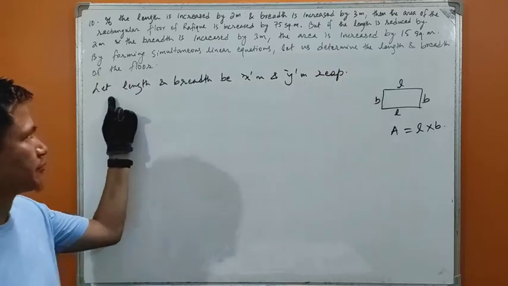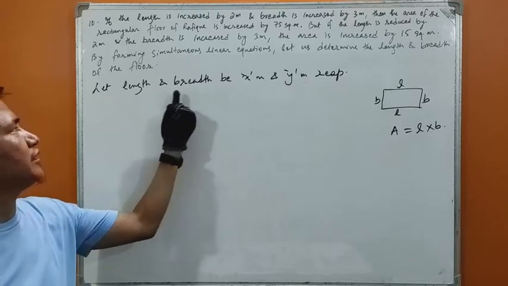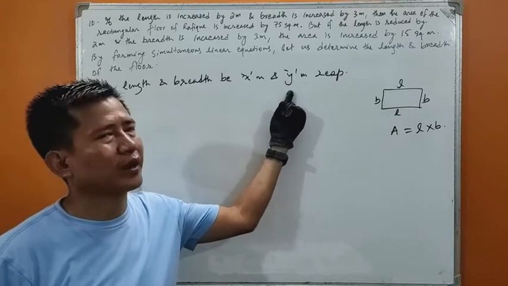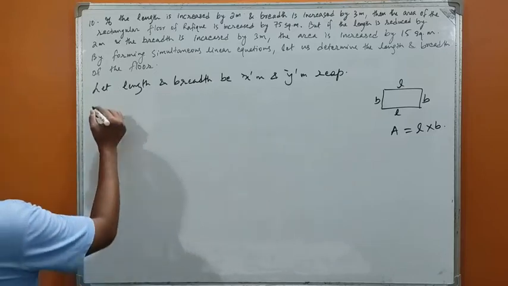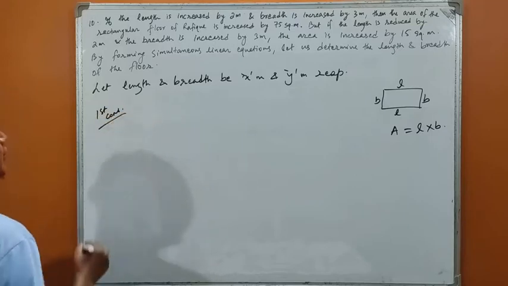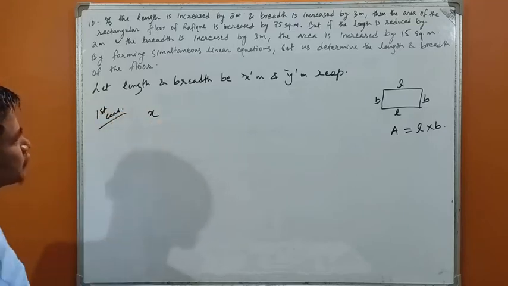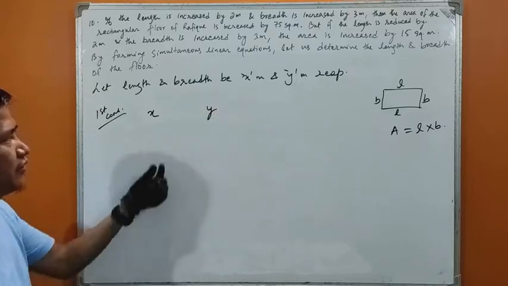Now first condition is very easy. First condition, this is the length of the floor, and this is the breadth of the floor.